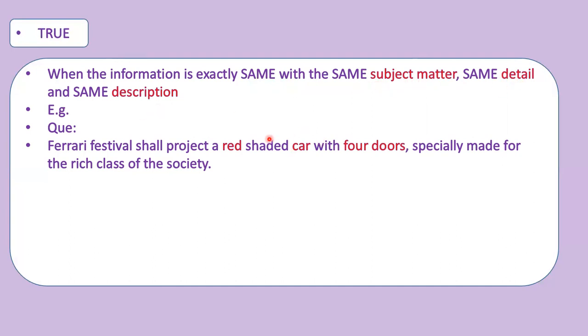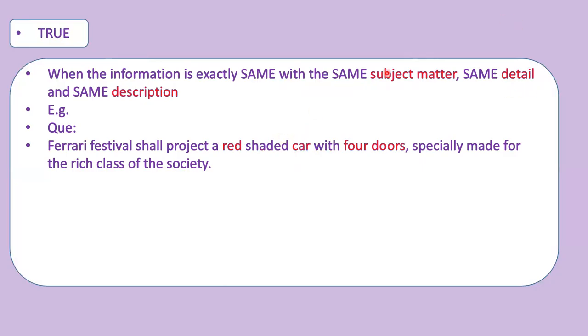Here, I can see the very important thing is car. Obviously, Ferrari Festival shall project the car. So car becomes my subject matter, because without it my answer will be incomplete.